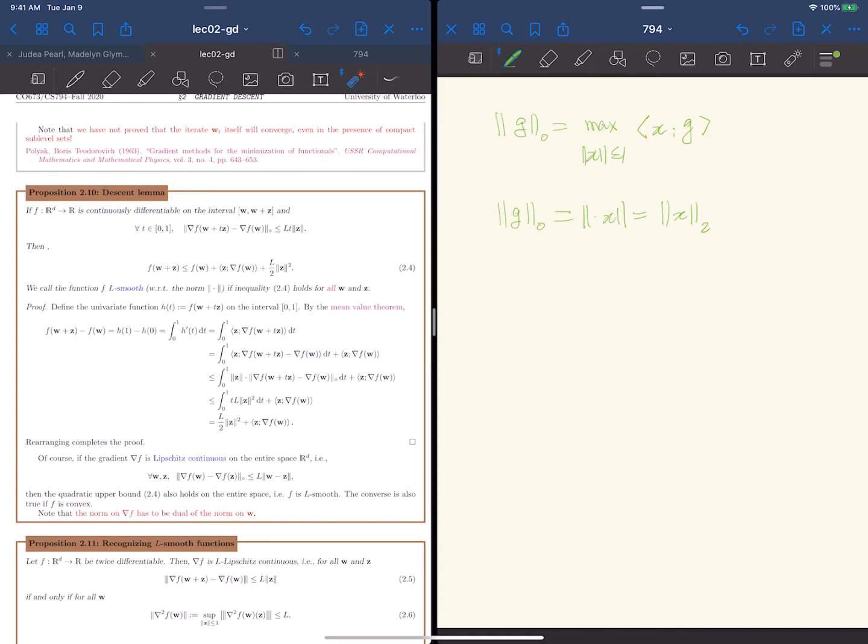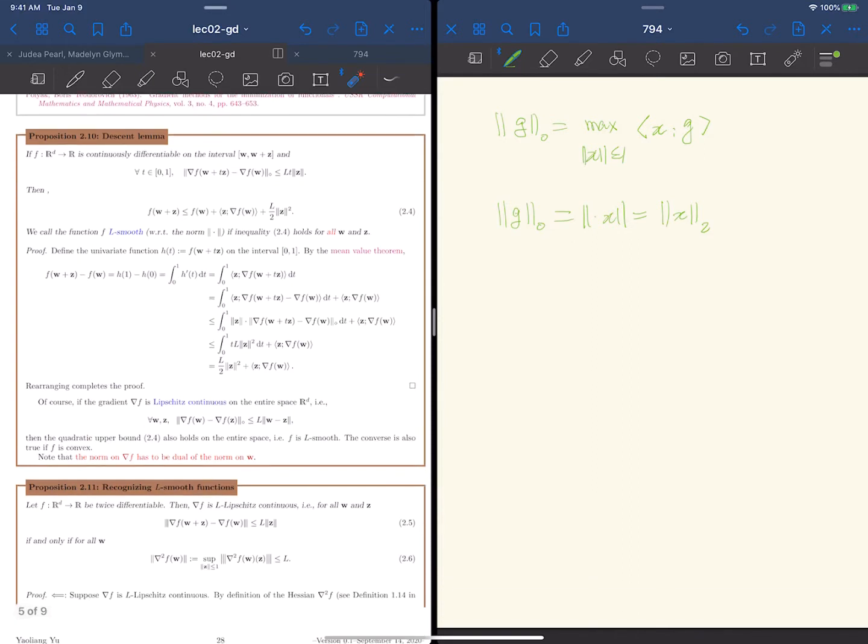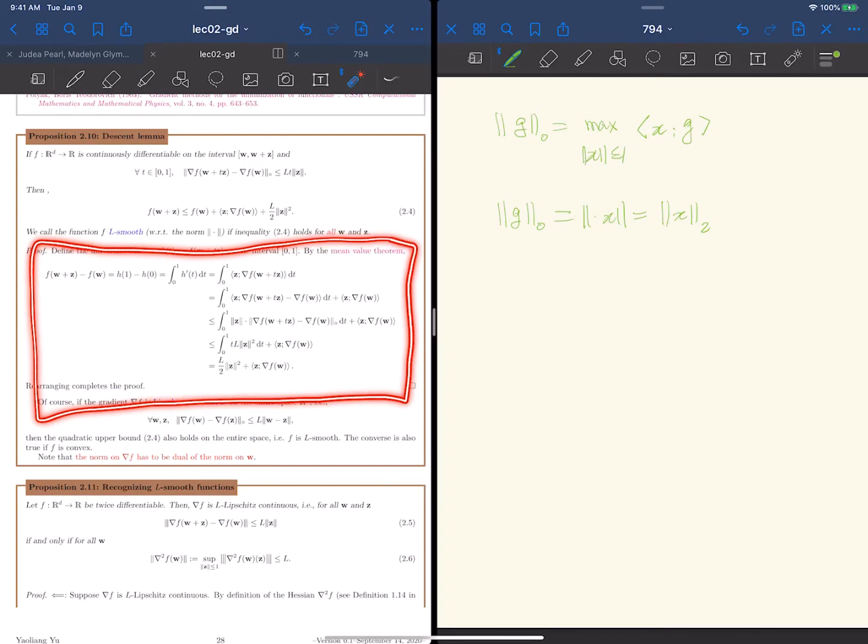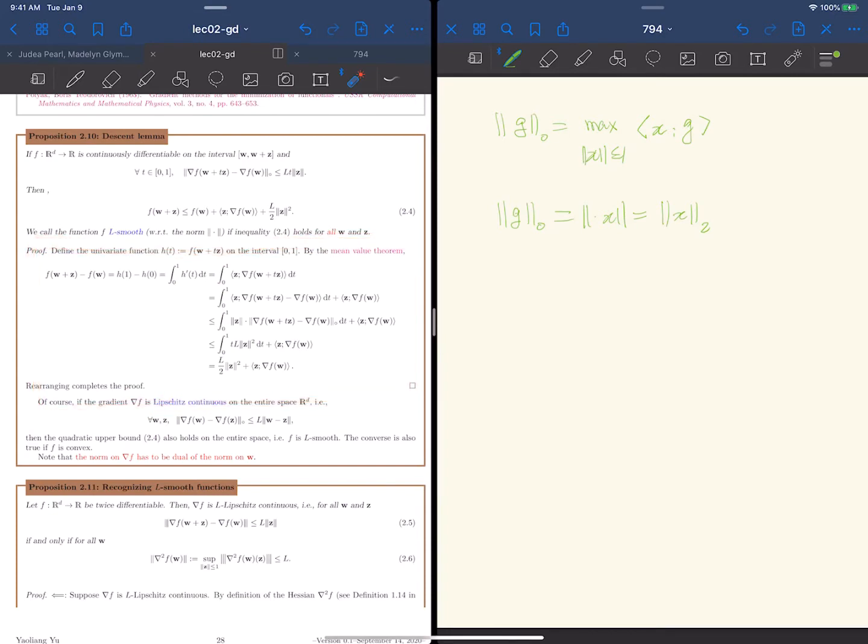This is all it says in this descent lemma. I'm not going to go through the proof of the descent lemma here. This is a fairly easy exercise from calculus again. I put enough details here that you can verify by yourself.